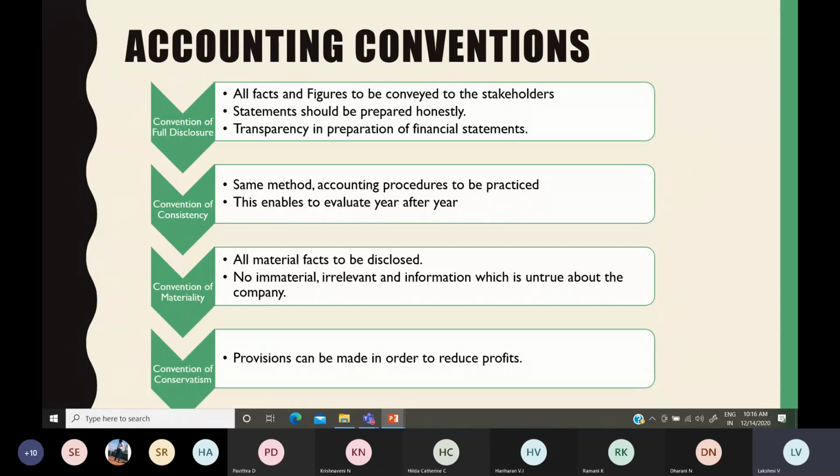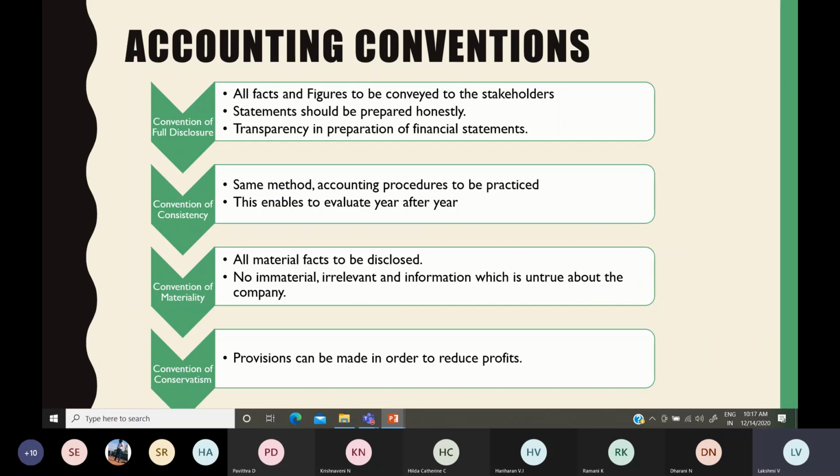The company has to provide all the facts and figures, and while recording transactions or publishing financial statements, they have to do so with utmost care and honesty. There should be transparency in preparation.